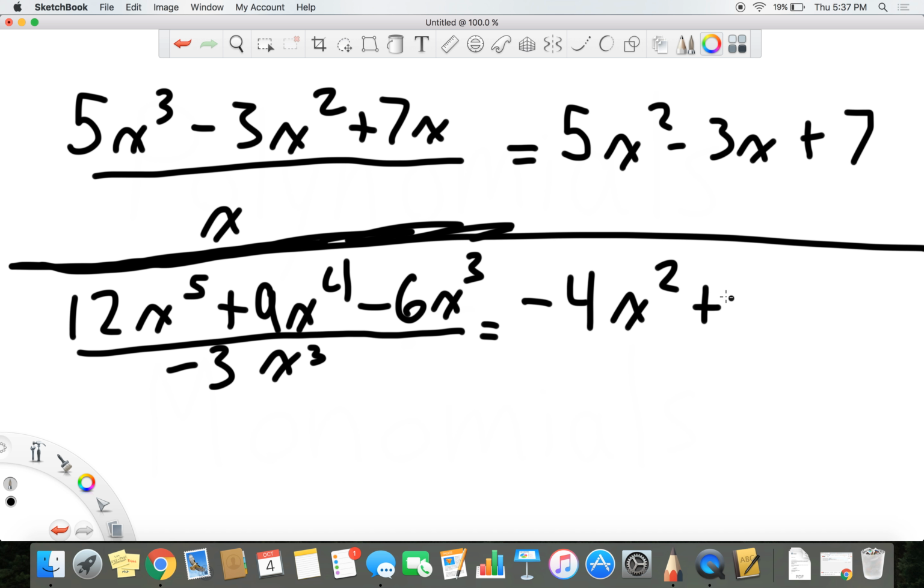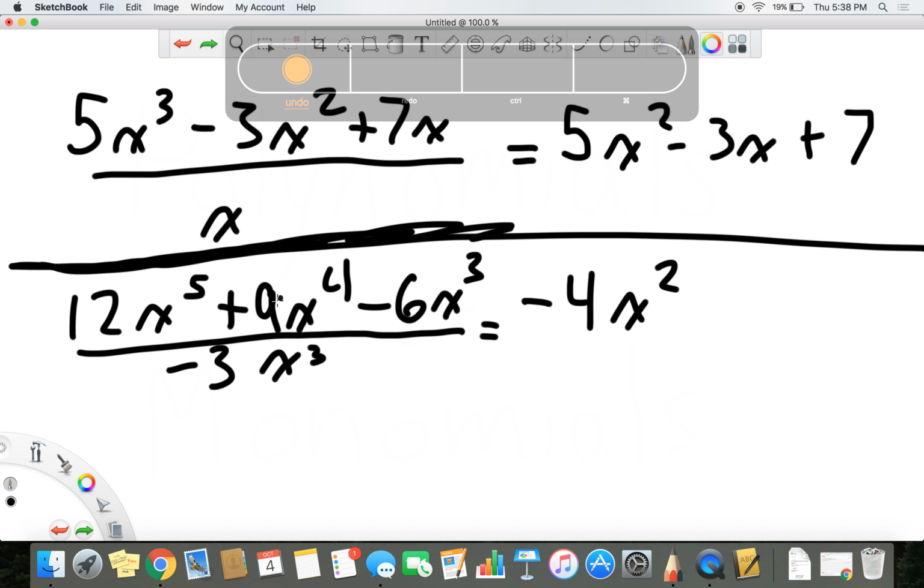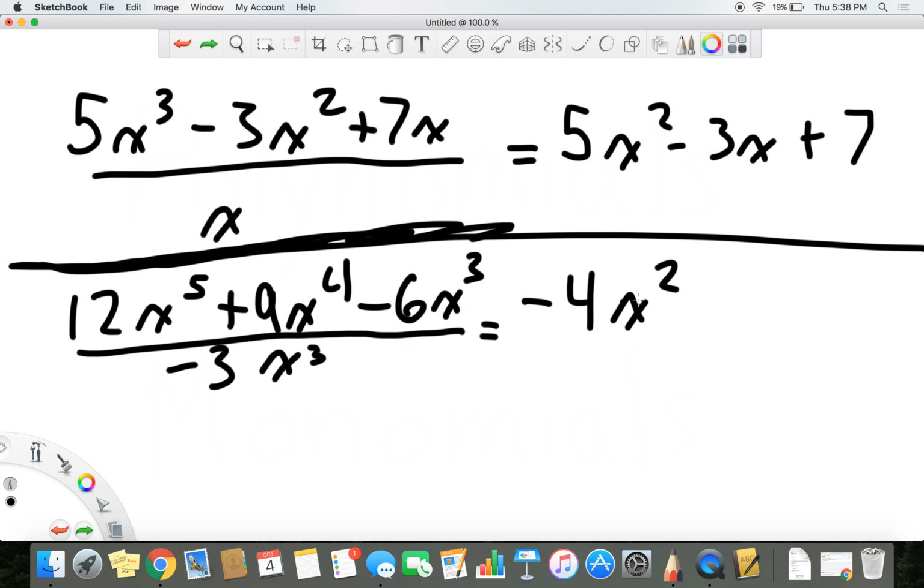And we have plus, now, not a plus, right? Because we have a 9 divided by negative 3, and that's just going to be a negative 3, and x to the power 4 minus x cubed is just simply x. And then we have negative 6 divided by negative 3, and that's going to be positive 2. And since this is x cubed divided by x cubed, they just cancel out.